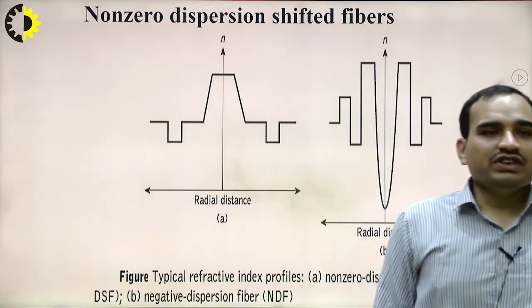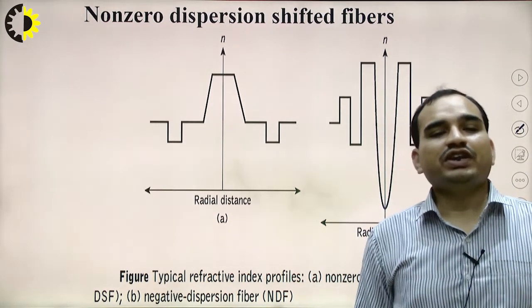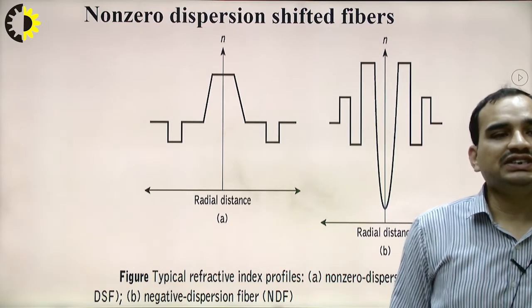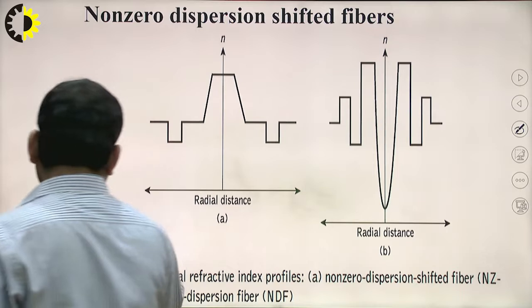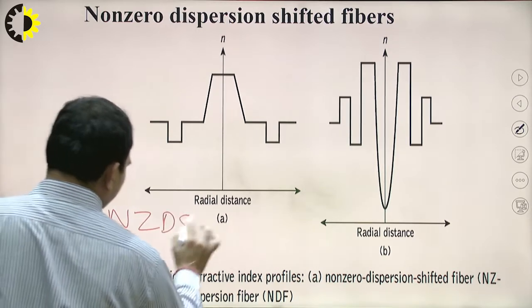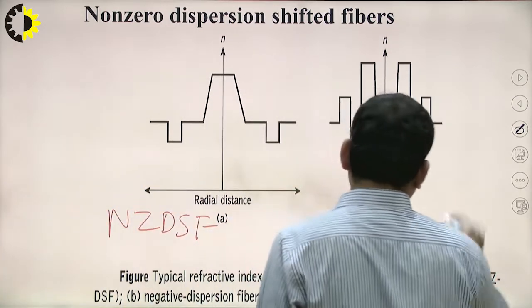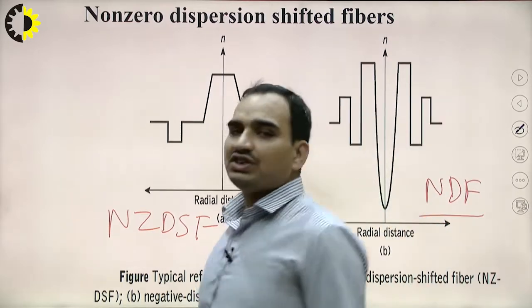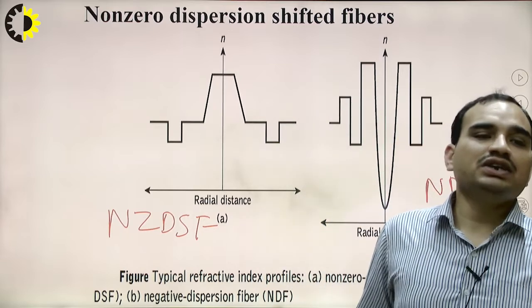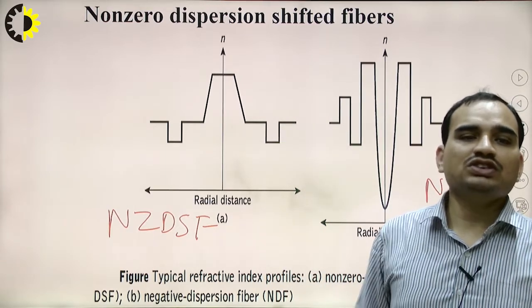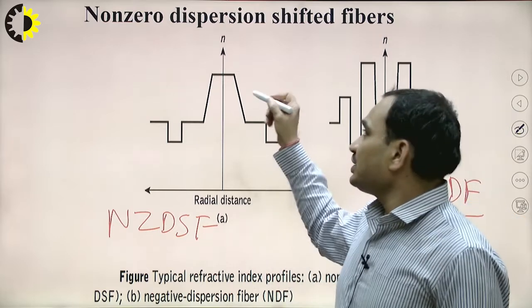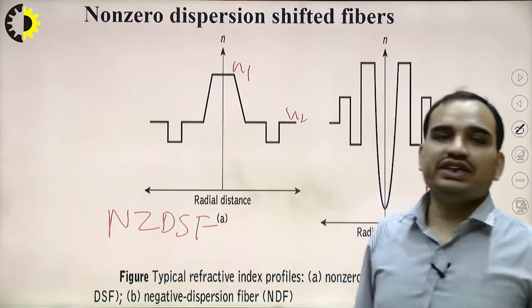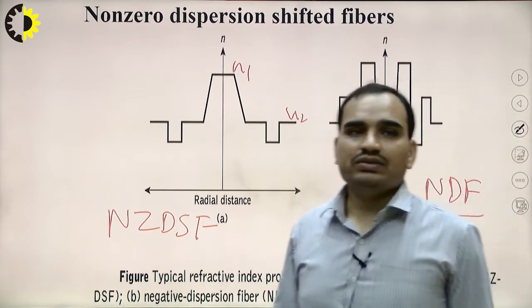In this figure, we can see the typical refractive index profile for the NZDSF, and this is for the negative dispersion fiber. These refractive index profiles can be chosen such that we can create the negative dispersion fiber and the non-zero dispersion shifted fiber. Here we have N1 and N2, and with respect to the radius, the values are varying.